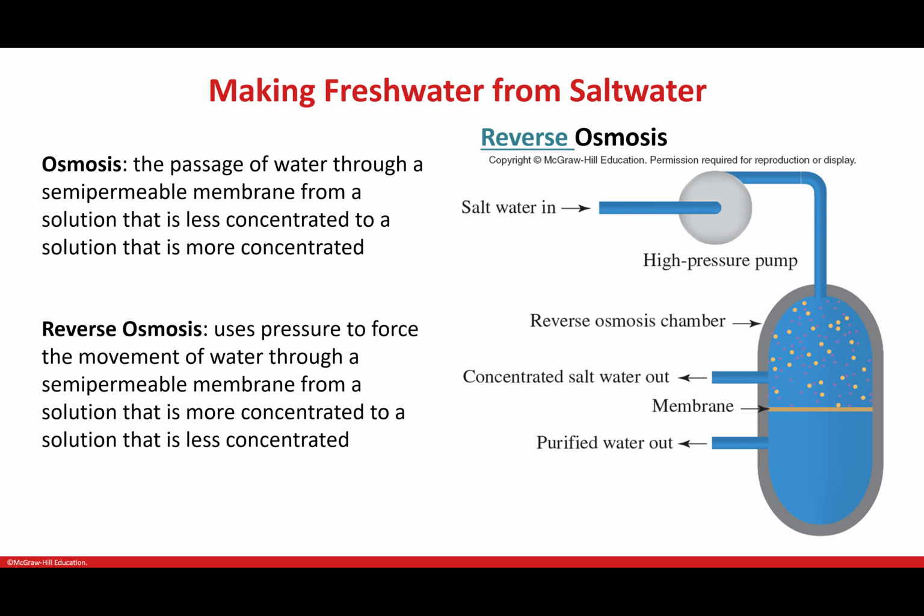The way you get this to do it is by pressure. To me, reverse osmosis is like squeezing it through a filter of sorts, a filter that will allow, in this case, sodium chloride to go through. So here's the video.